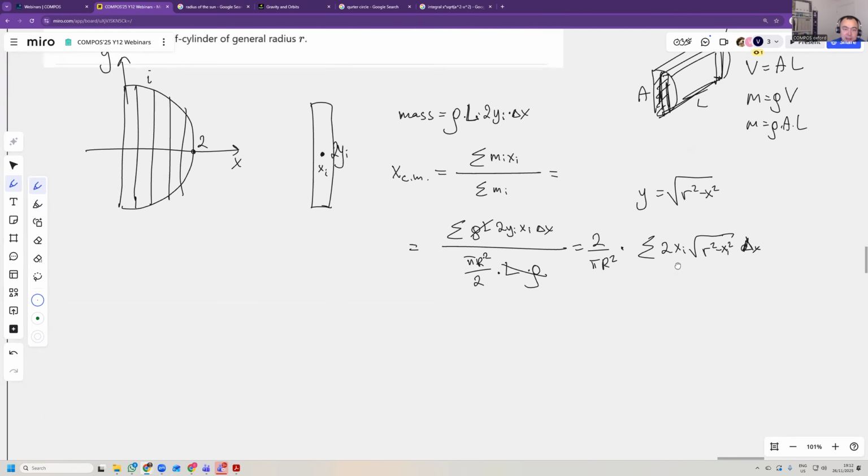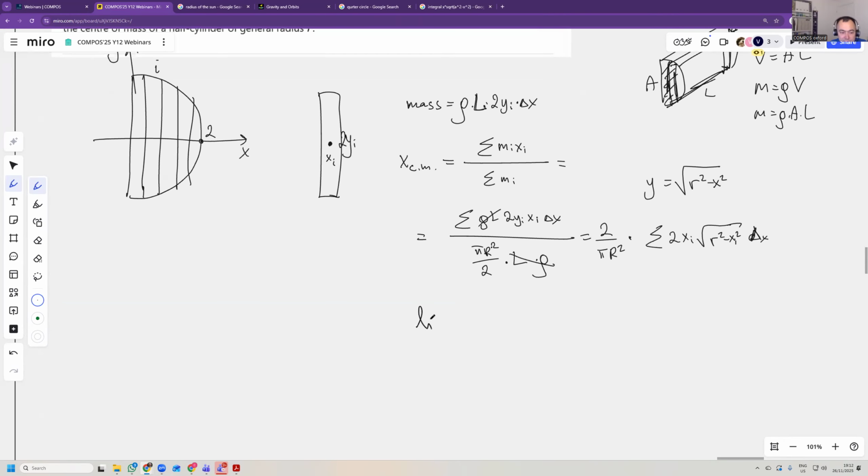And then as delta x tends to 0, the sum of 2xi square root of r squared minus xi squared delta x is the integral from 0 to r of 2x square root of r squared minus x squared dx.